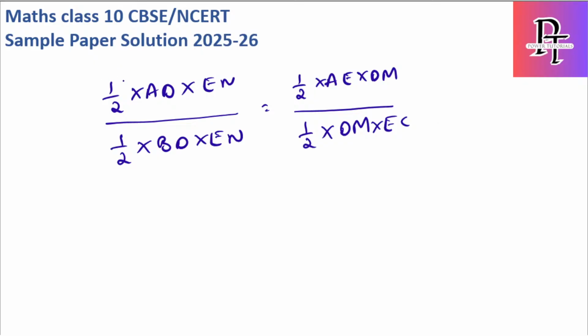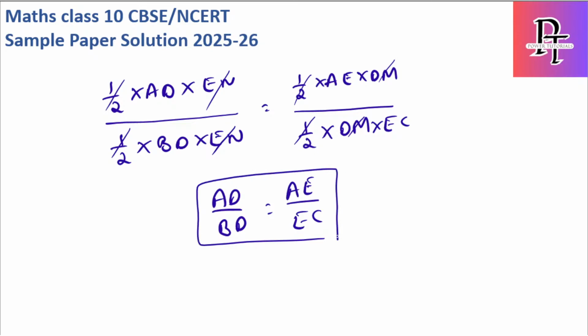These will get cancelled out, and I will get AD by BD is equal to AE by EC. So this is the final proof.